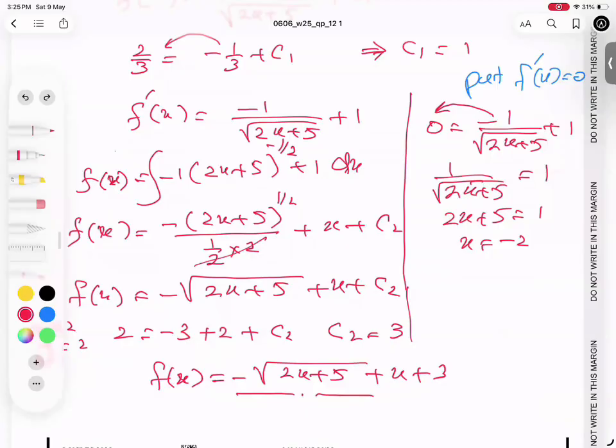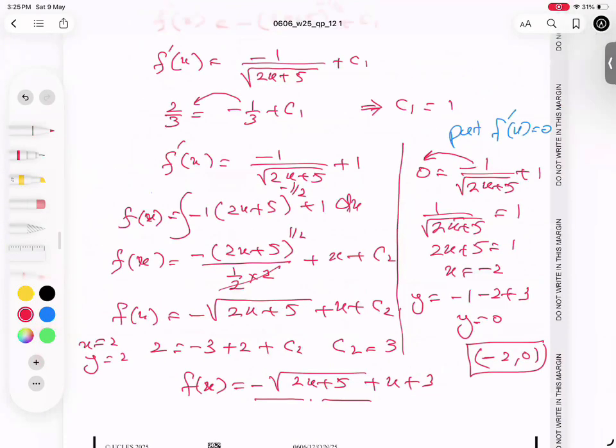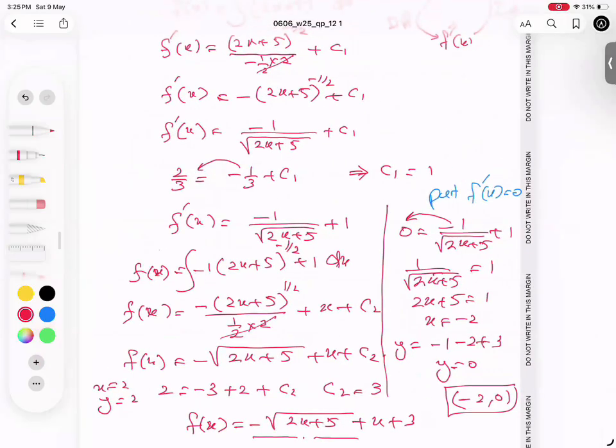When I plug in negative 2 here, negative 2, negative 4, root is 1, so 1 here, minus 1, and negative 2 here, I get this. The y coordinate I'm getting is 0. So the coordinate is x is negative 2 and y is 0. And this is my final answer. I hope the point of this concept is very clear.